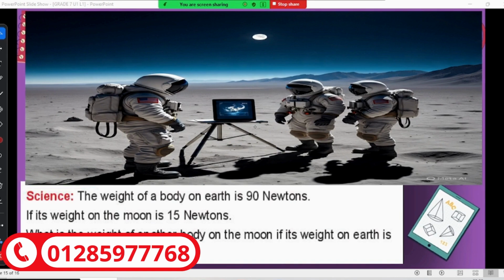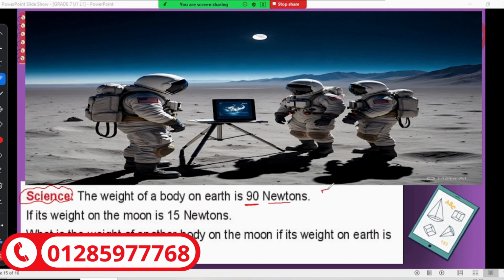Who would like to travel to the moon? The weight of a body on Earth is 90 Newtons. If its weight on the moon is 15 Newtons, what is the weight of another body on the moon if its weight on Earth is 60 Newtons?